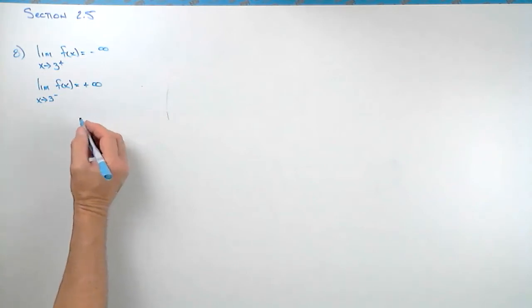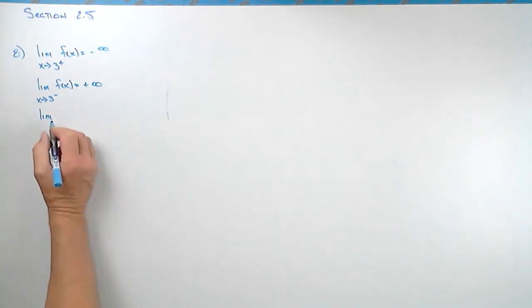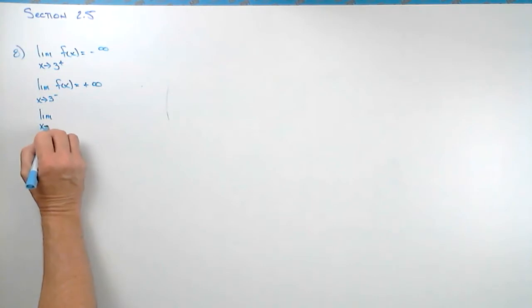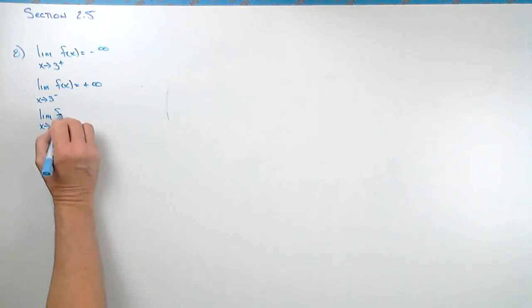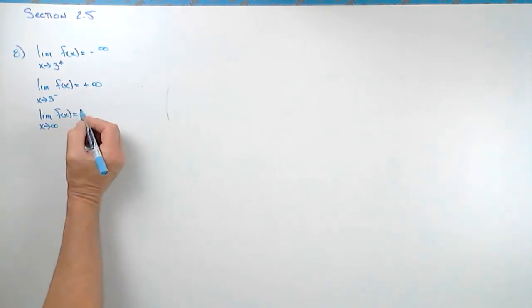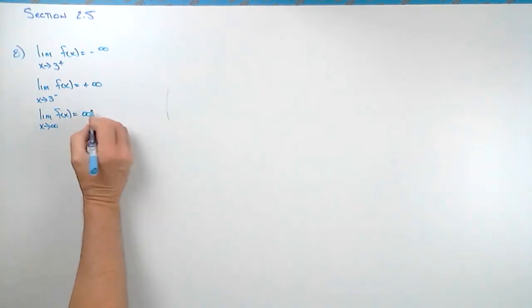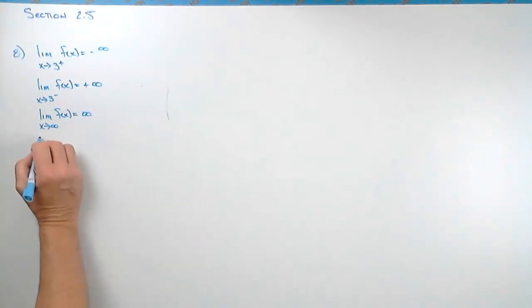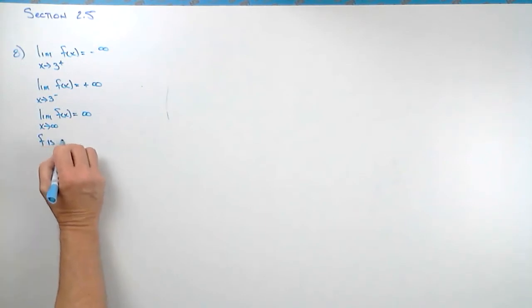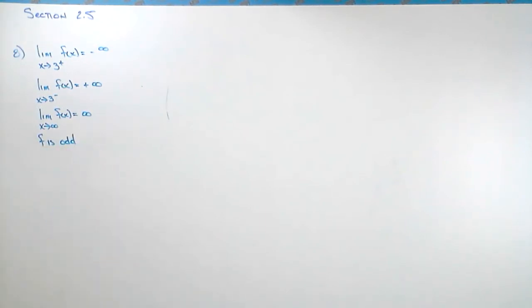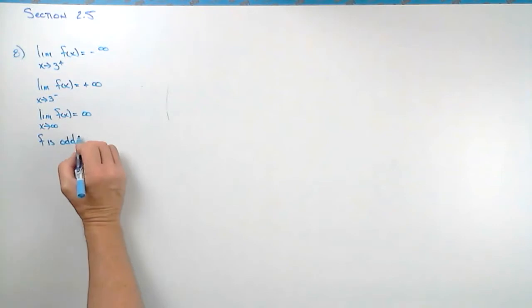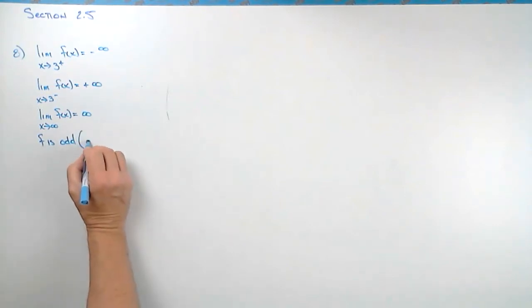And finally, well, this isn't the last condition, I apologize. The limit as x approaches infinity of f of x equals infinity. And then the last condition is f is odd. Now we need to remember that an odd function has origin symmetry.